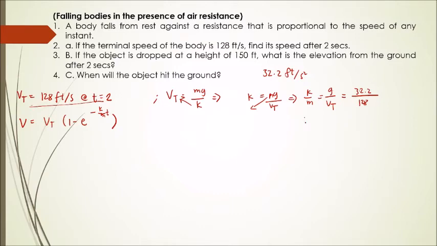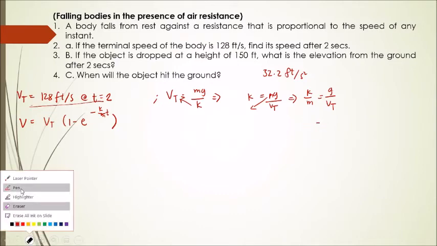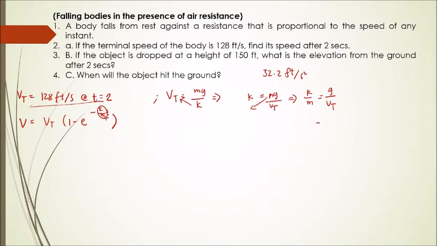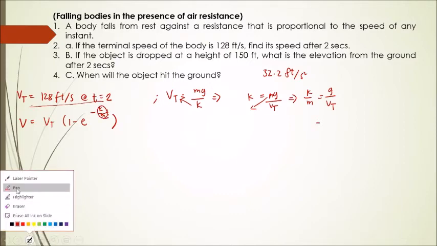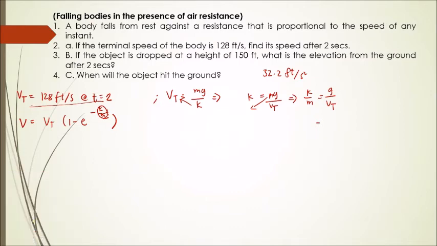So our k over m is equal to g over vt. You can just do that later, keeping the formula as k over m for now, until we have the final value. So we can highlight this one here.